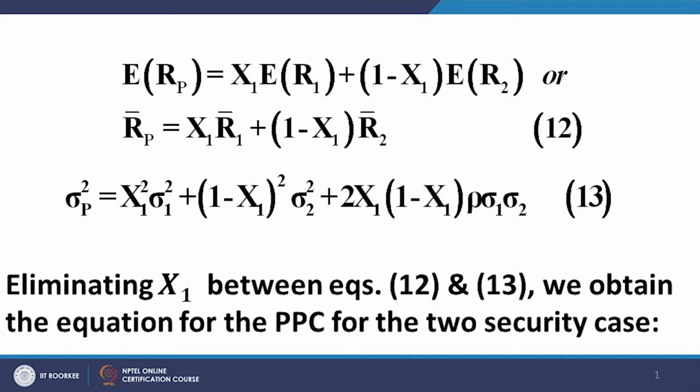What do we have? We have ERp, that is the expected return of the portfolio, equal to this expression, equation number 12. We have already seen that in equation number 9, if we substitute x2 equal to 1 minus x1, we get equation number 12, and similarly if we substitute x2 equal to 1 minus x1 in the expression for the variance, we get the next equation.